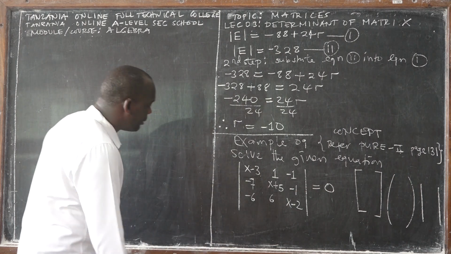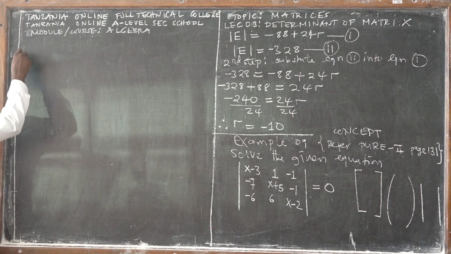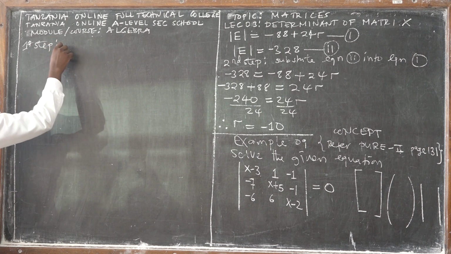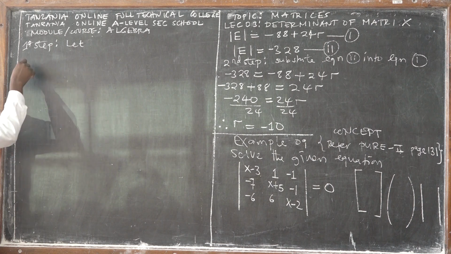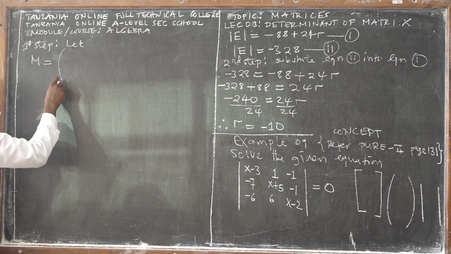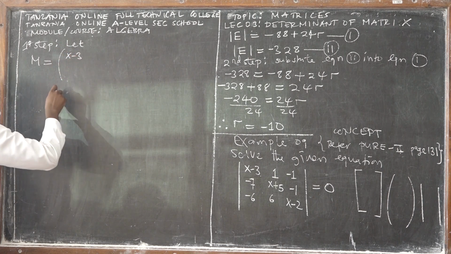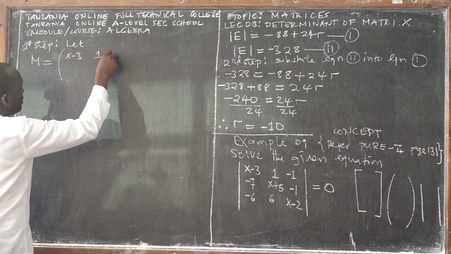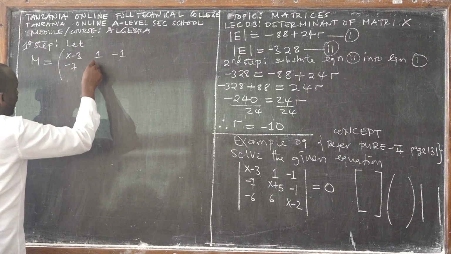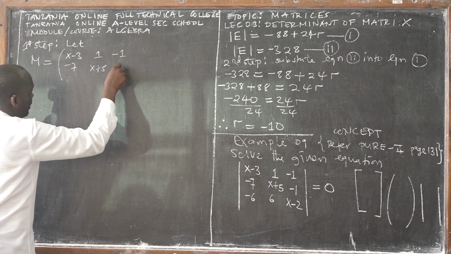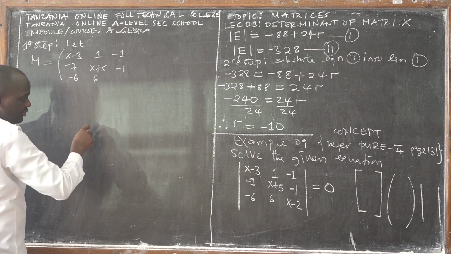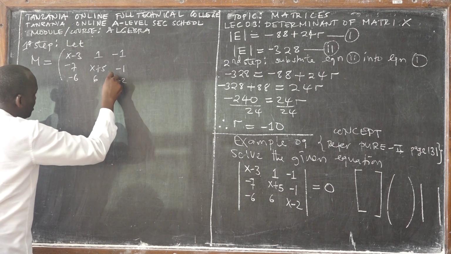Simply, we've been given a matrix, so we follow a number of steps. The first step, let that matrix be matrix M. Matrix M is x minus 3, 1, -1, -7, x plus 5, -1, -6, 6, x minus 2.